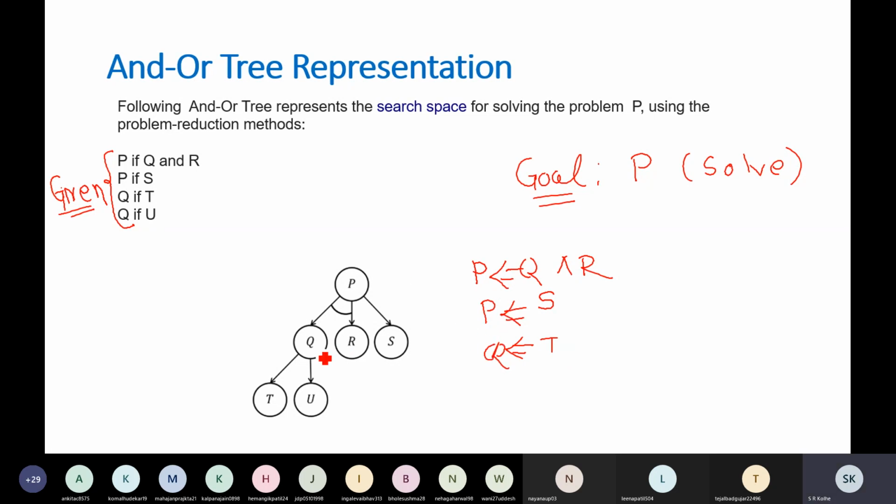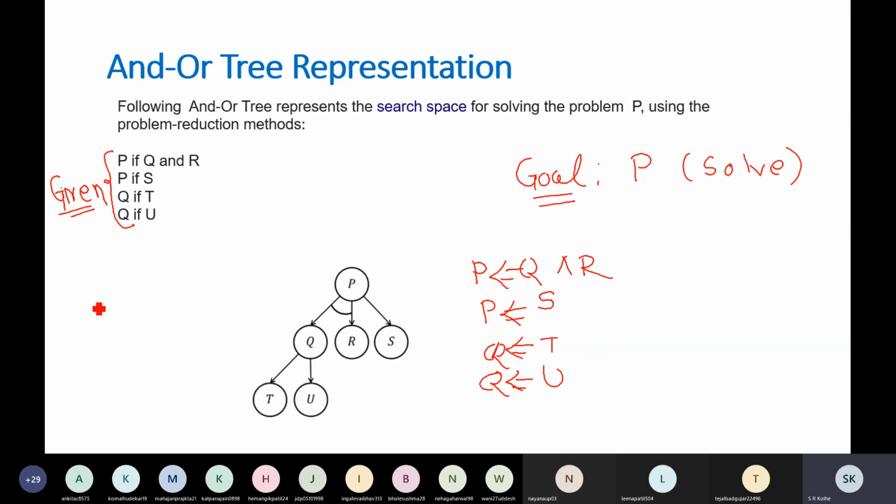But to solve this Q there is another way, through U. So you can solve this Q by solving this U also. So how many partial solution paths are there so far?